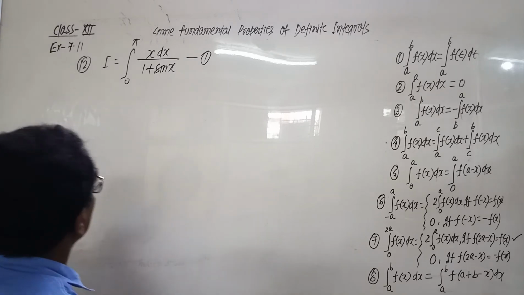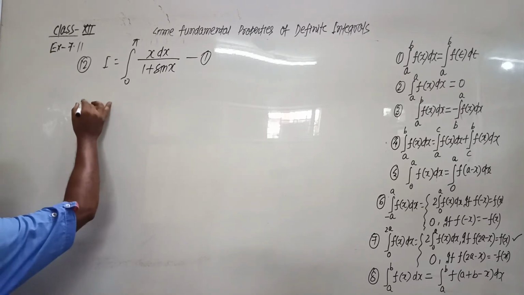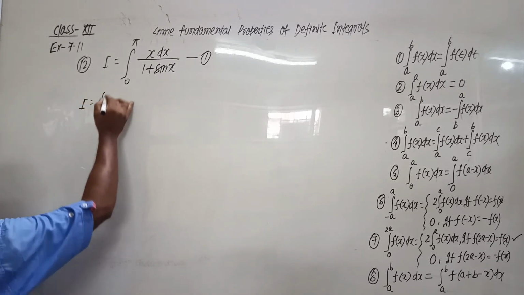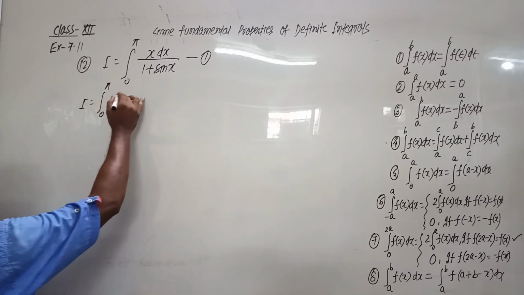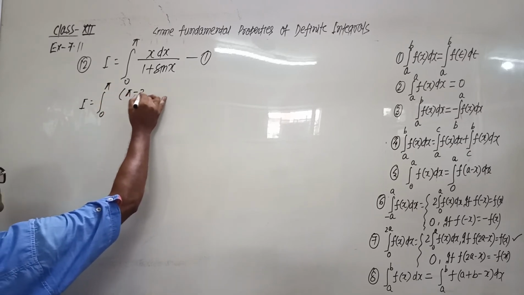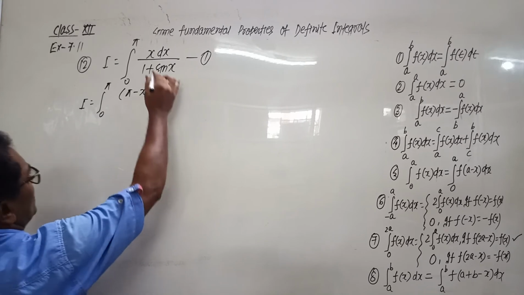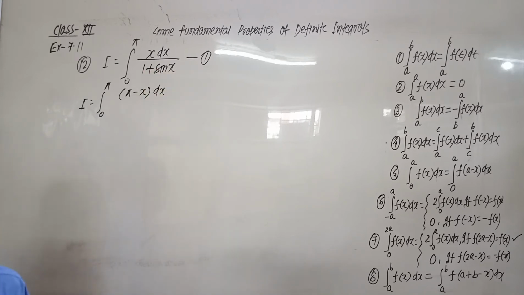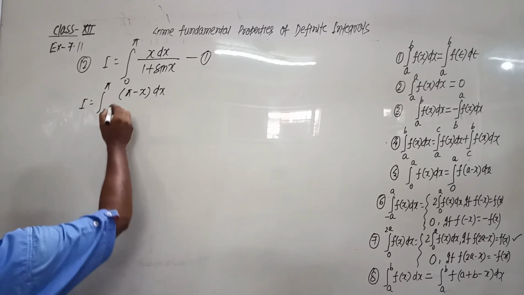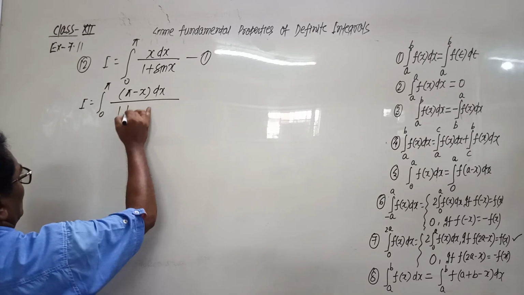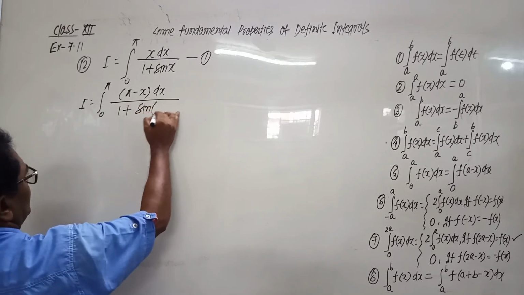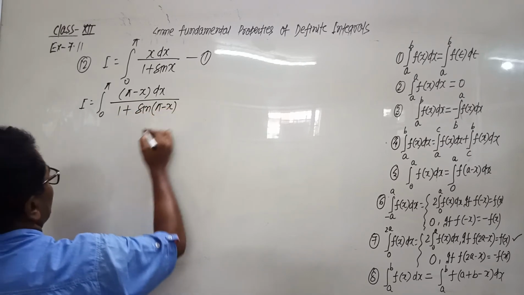number 5. So I equals the integral from 0 to pi of (pi minus x) dx. In place of x we have to write a minus x, and the value of a is pi. So pi minus x dx upon 1 plus sin (pi minus x).